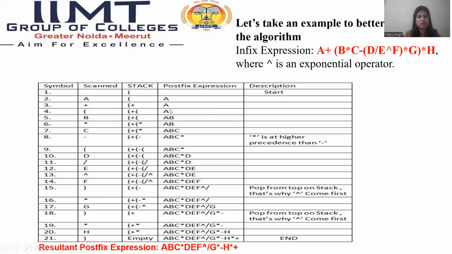And the expression still has only A. After that we also have another left parenthesis, so we again push it in the stack, and then we have B. Whenever we have another operand, we just append it, like A and B. And after B, we have the multiplication operator, so again we push the multiplication operator in the stack.